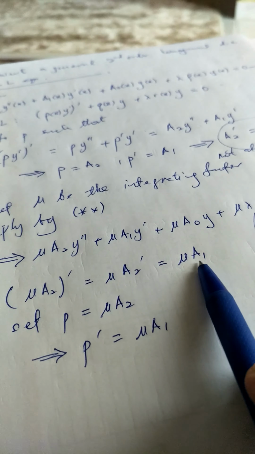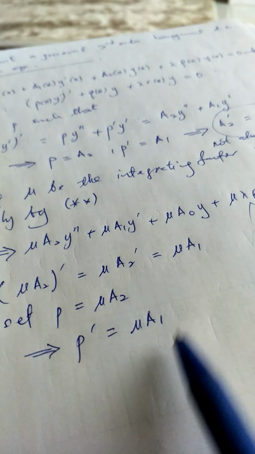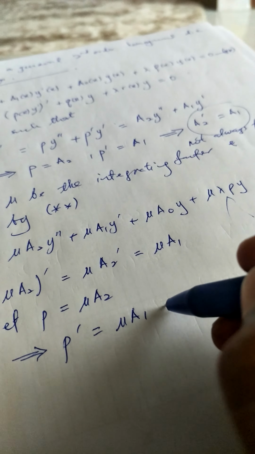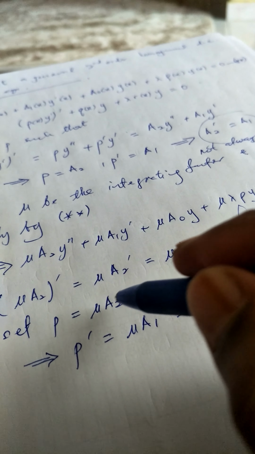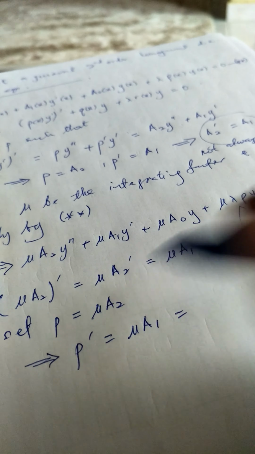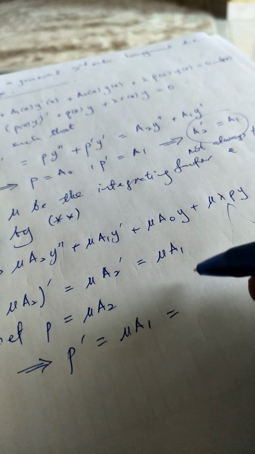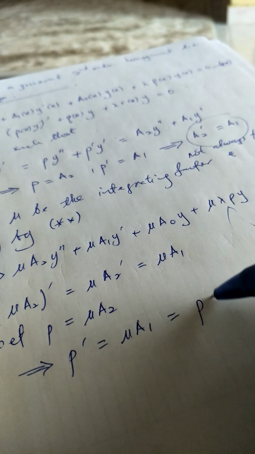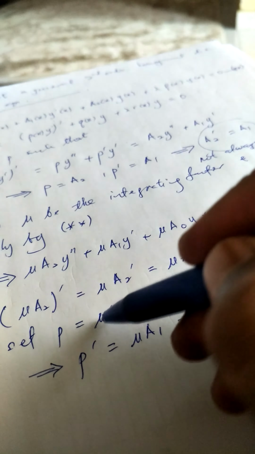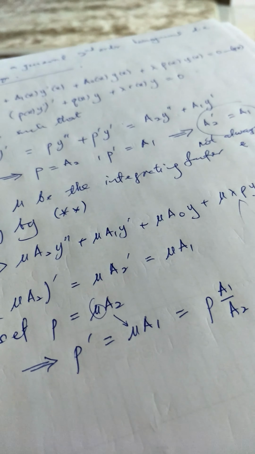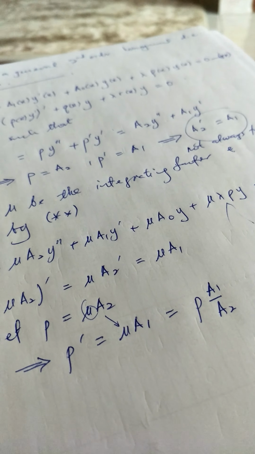So we have nu is P over A2, and nu A1 is equal to P A1 over A2, right? Just substitute nu into that.